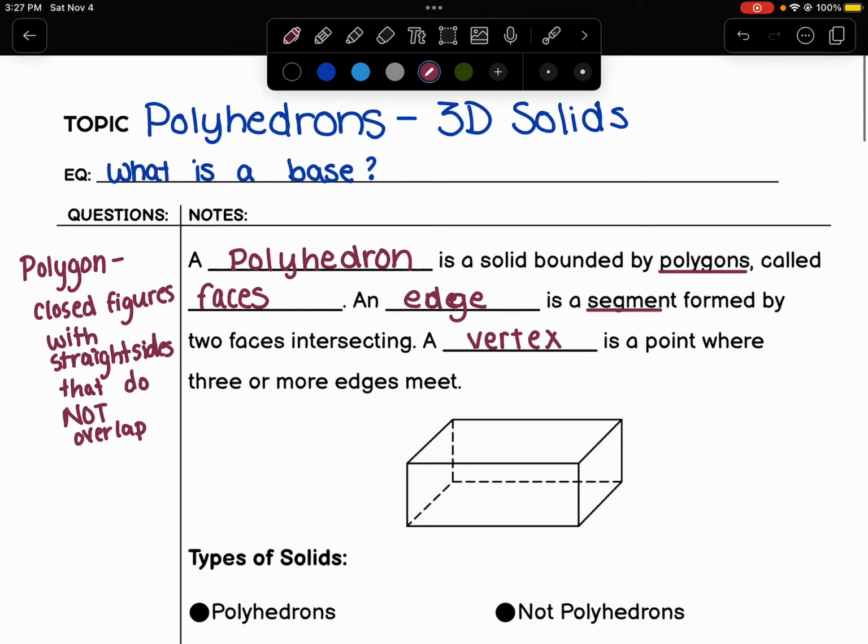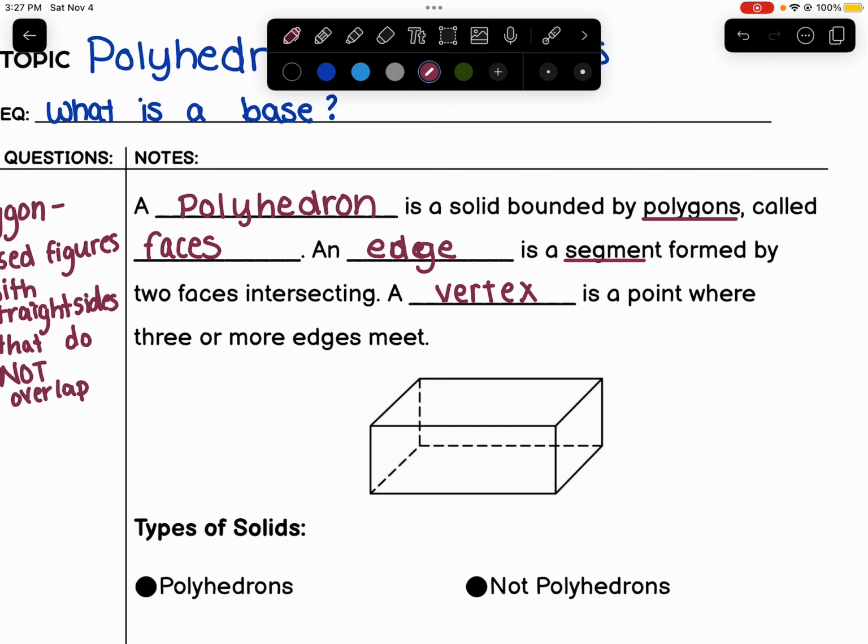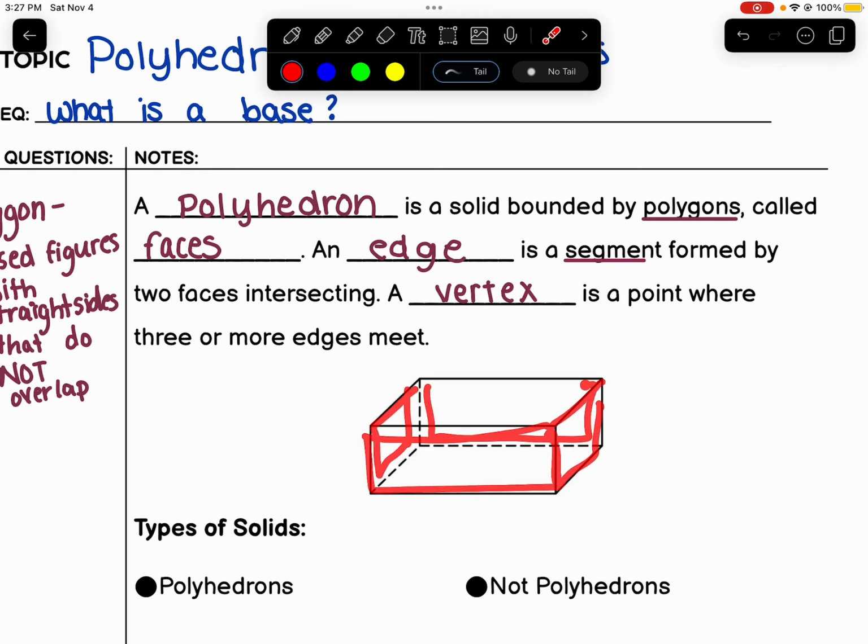We're going to label all of these key players on our polyhedron below. On our polyhedron below, every single face is a rectangle. We're familiar with rectangles from Unit 6, so all of our rectangle properties apply to each face on this polyhedron.